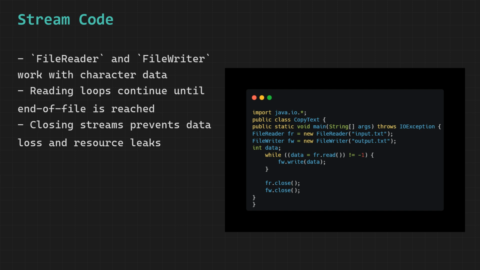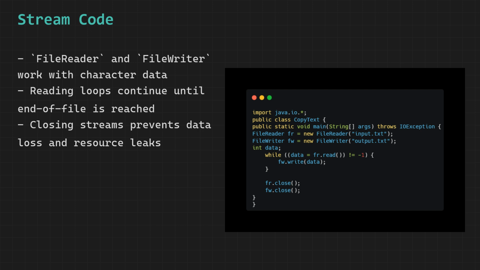The first thing we do is create a FileReader object called fr and point it at a file called input.txt. FileReader is a character stream designed specifically for reading text files. It handles character encoding automatically so the text is read correctly regardless of which language it contains.